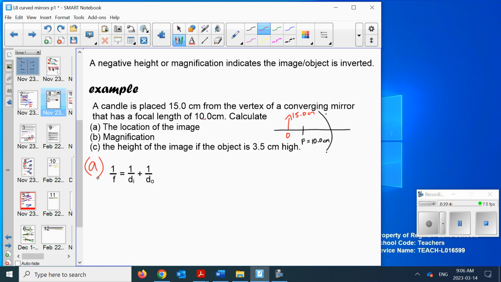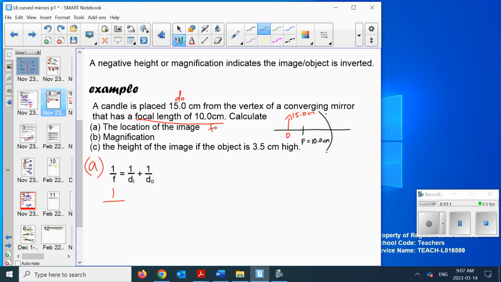Well, let's throw some numbers in. 1 over F. Well, read carefully: a candle is placed 15 centimeters from the vertex of a converging mirror. That's the placement of the object. So this is the focal length, 10 centimeters. That's my F, and it is a positive 10 centimeters because it's a real focal length of a converging mirror.